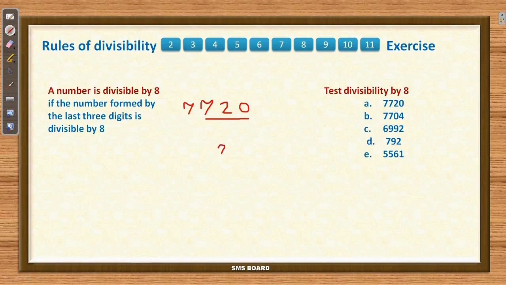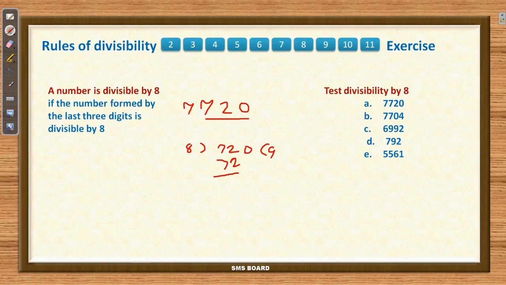Here for 720, we will apply the long division method. 720 divided by 8. First number 7 is not divisible by 8. So we will take 72. 72 is 9 times.